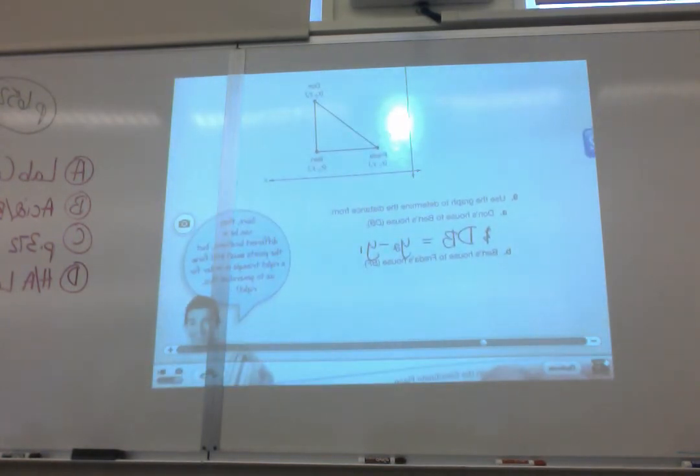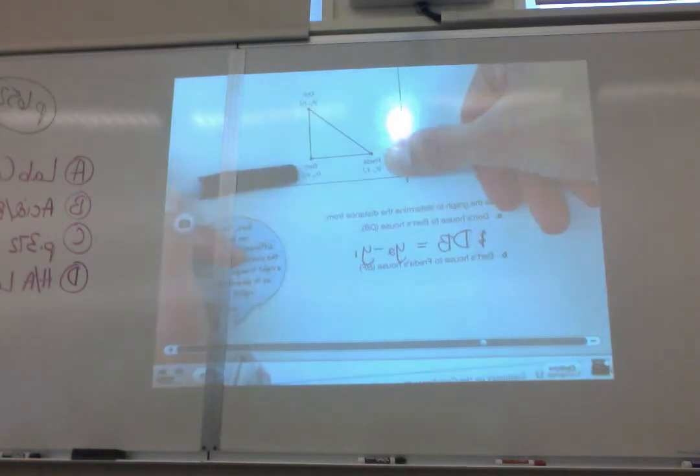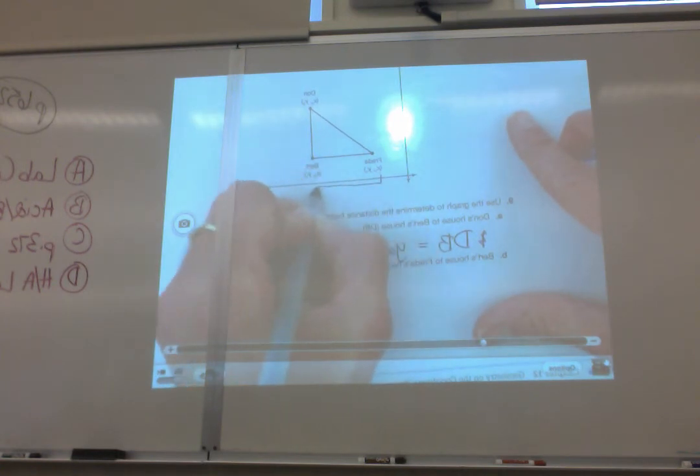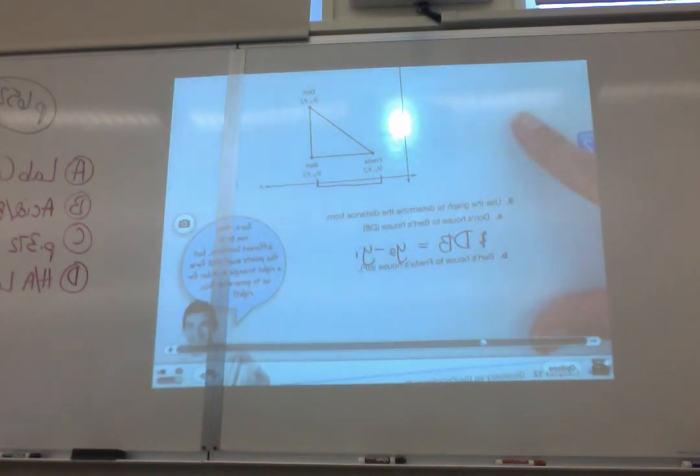Now, if I'm looking at Frida and Bert, look at the coordinates for Frida and Bert. It's a little more difficult when they don't have numbers in there, but the pattern is 2 of the coordinates are exactly the same, and 2 of the coordinates are different. Who are the coordinates who are exactly the same? The y's. So we want to figure out how far apart are the 2 that are different.